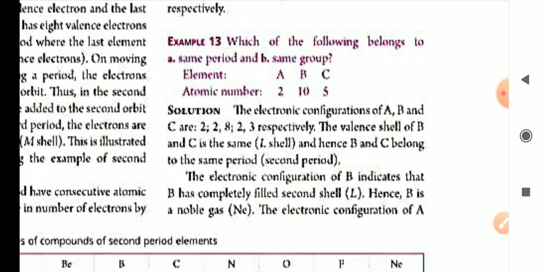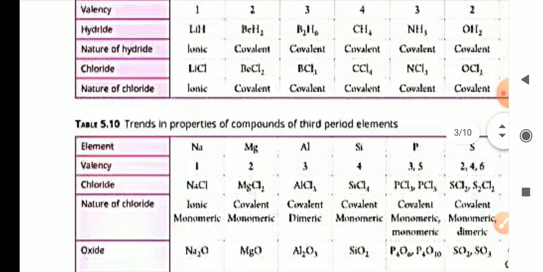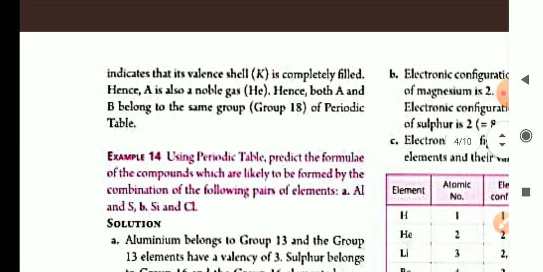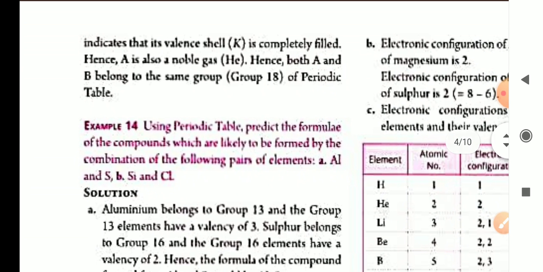So B and C have the same number of orbits, so they are located in the same period, that is period 2. The electronic configuration of B indicates that it is neon because its outermost shell is already filled. So B is a noble gas, and the electronic configuration of A shows that it is helium. So the valence shell K is completely filled. So both A and B are placed in the same group, that is group 18 of the periodic table.